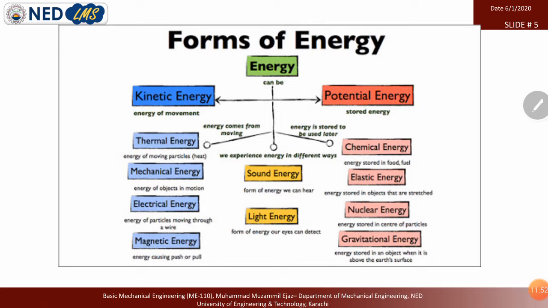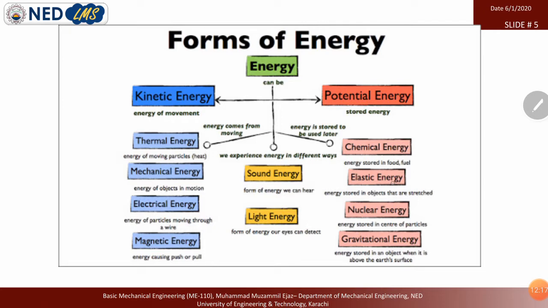A short review: we have kinetic energy and potential energy. As subcategories of kinetic, we have thermal energy, mechanical energy, electrical, and magnetic energy. In the potential category, we have chemical energy, which has very high potential to produce energy, like we all experience in our car, combustion, and in planes, in the turbojet engines.